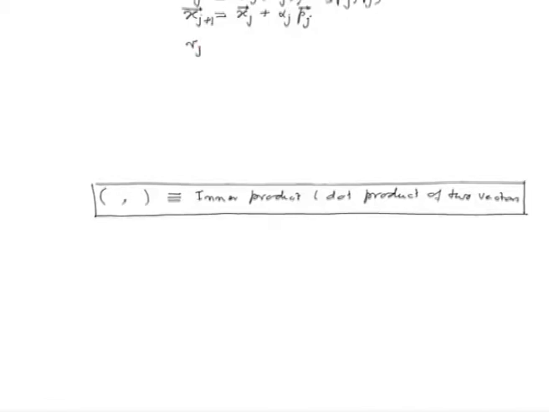So, rj plus 1, the residual for the next step, can be obtained by taking the current residual and subtracting the vector A Pj, obtained earlier, multiplied by alpha j, subtracted from Rj, and we get an estimate for the residual vector.